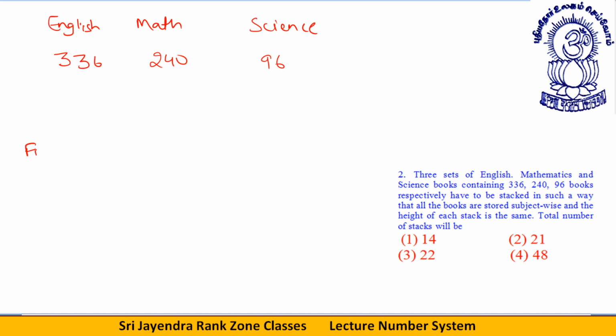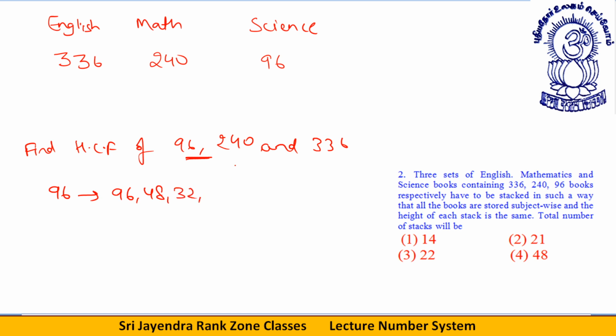Find the HCF of 96, 240, and 336. The easy method is you can start with the smaller number also. Write down the factors of 96 in descending order: 48, 32, 24, 16, and so on. 96 does not divide 240. Let's remove this. 48 divides 240. 48 into 7 is 336.